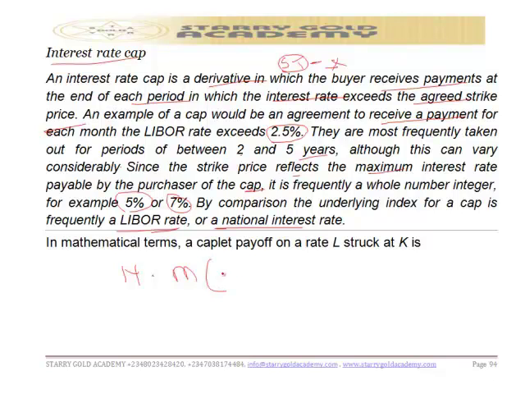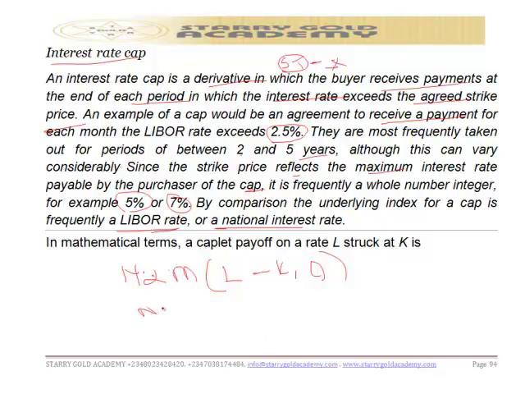This is a general formula for a call option: N times alpha times the maximum of L minus K, or 0. Where N is the notional value. Understand? And we also have the day count here.